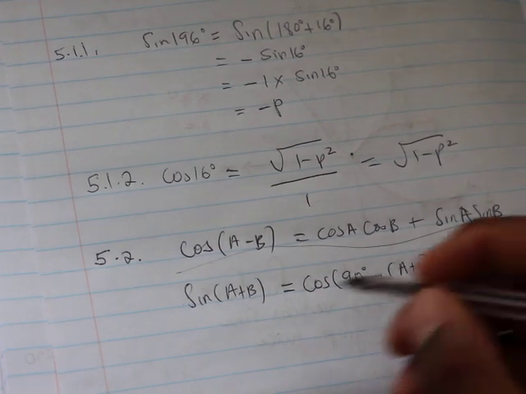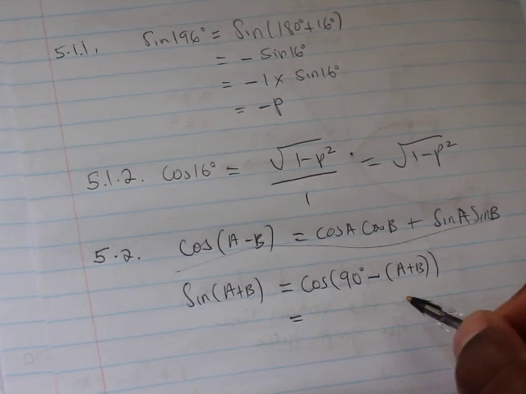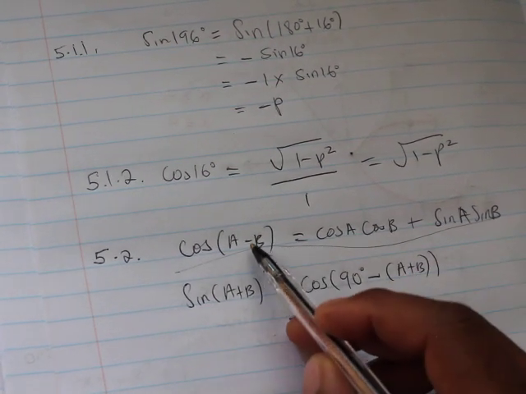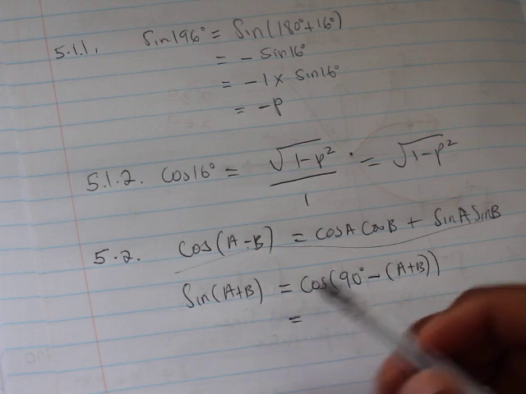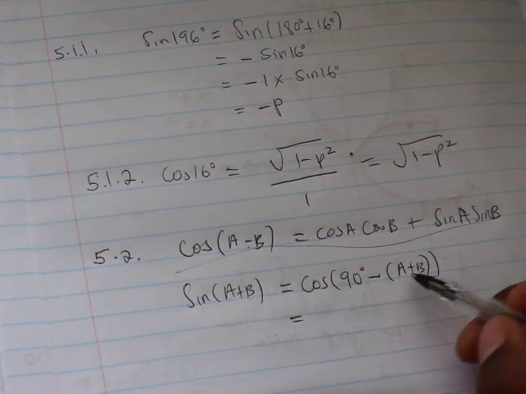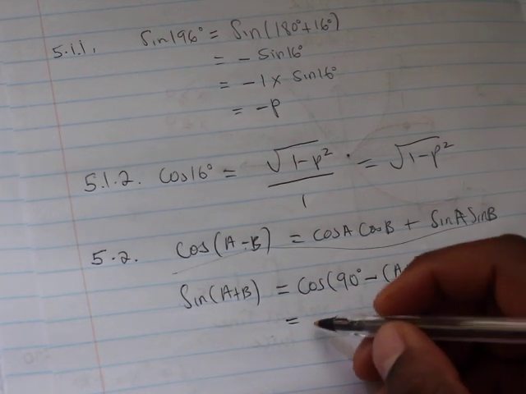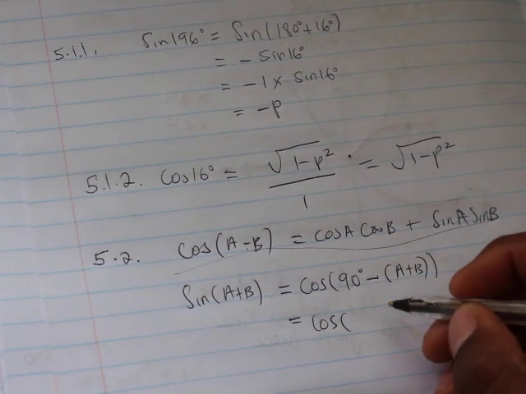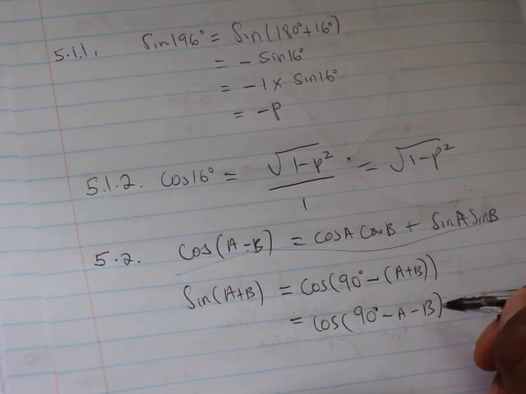Now, we can rearrange a little bit, but obviously we need to make sure that we've got this order here. There's a minus in between two angles. So what I'm going to do is break down the bracket over there so that we can have something similar to that. So this is 90 degrees minus a minus b.